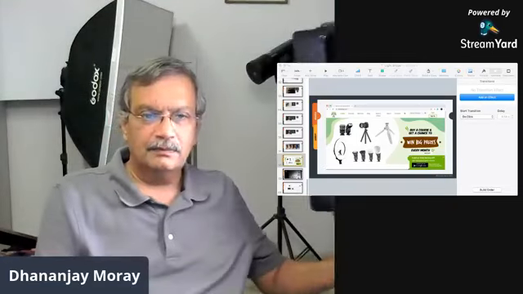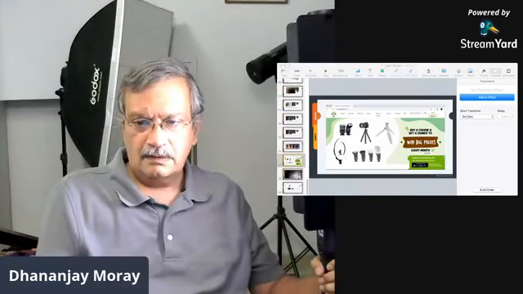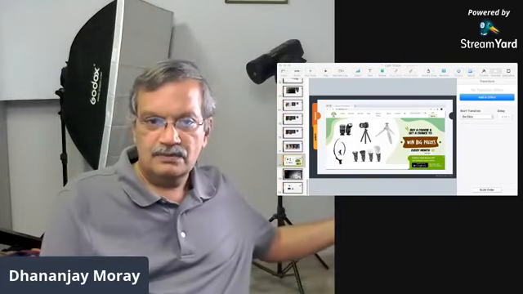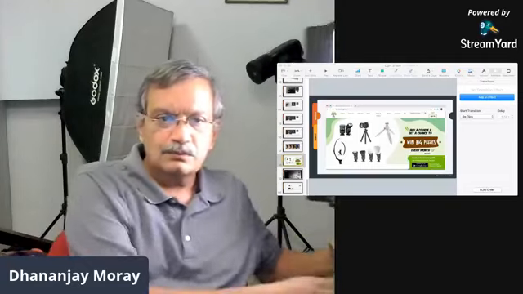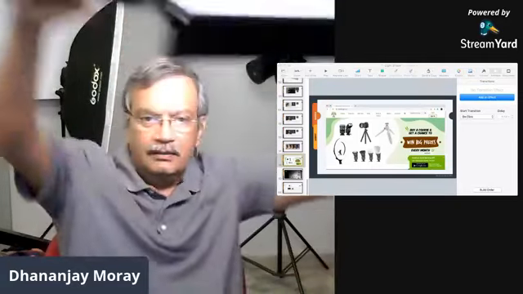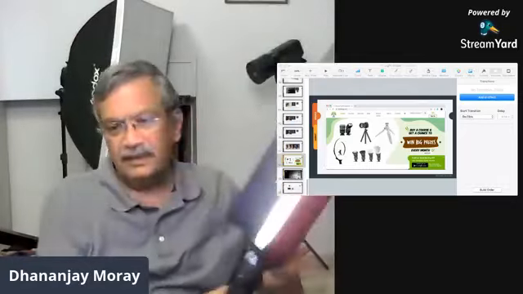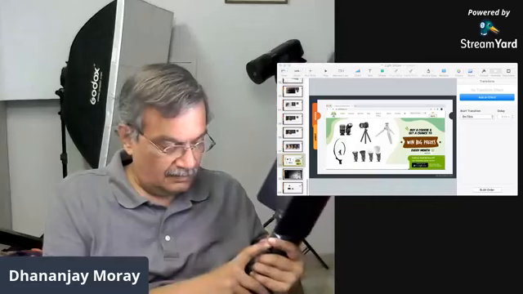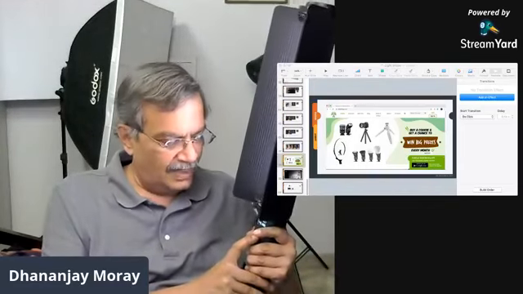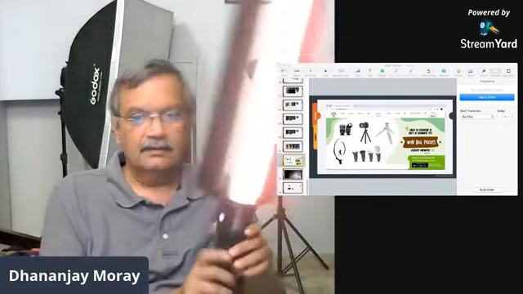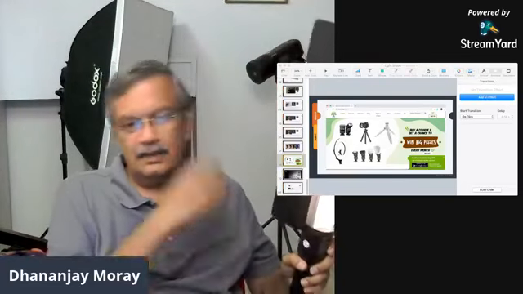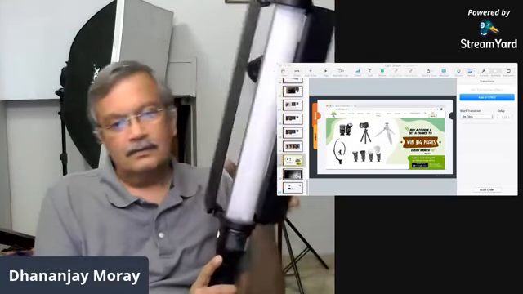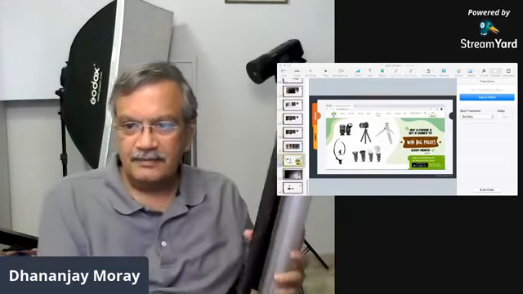Now it's pretty good. You can use this light in any way. It's excellent to be used as a cut light also. It can be used as a main light also. Again, it can be used horizontally, vertically, in any way. And unlike ice light, which comes only in white, this particular light we have two options. On one side it is warm, on the other side it is neutral. So this is what is ice light.